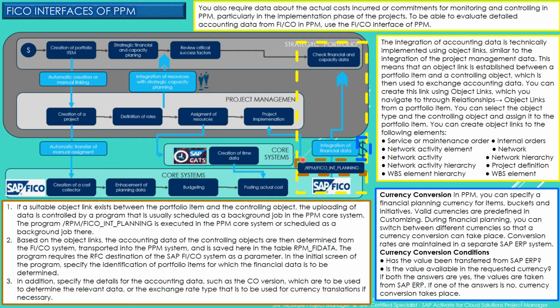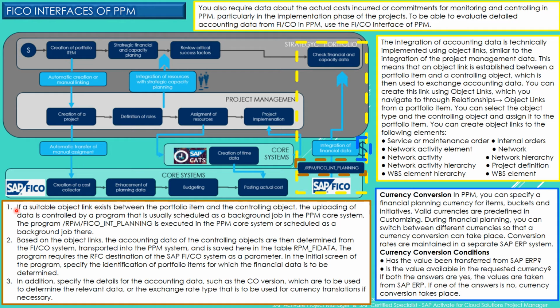So I will point out what is happening here between SAP FICO and Strategic Portfolio. The program that is used to transfer information between both of them is this one. Please remember that in the previous lesson we studied the way we can create object links.